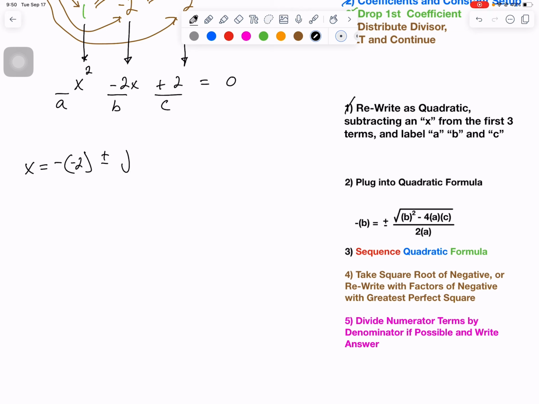Plus or minus, open up there, we're going to do b squared, so negative 2, square it. We're just following the formula here, minus 4 times your a value, which is 1, and our c value, which is 2. All right, we're going to set that over 2 times a, which is simply 1 in this case.